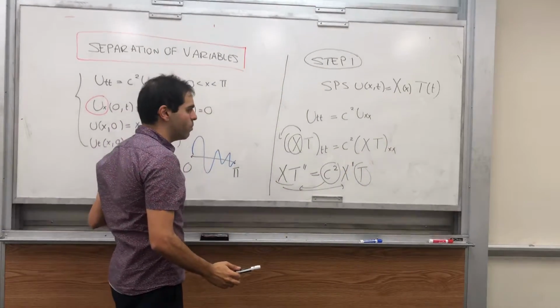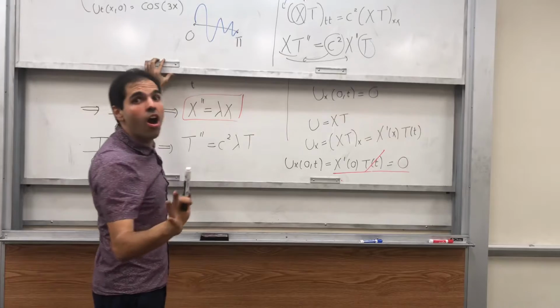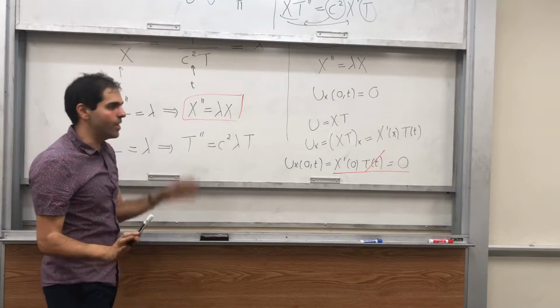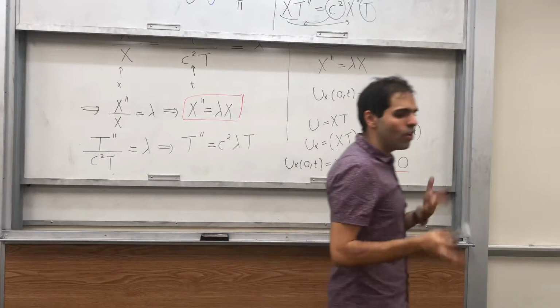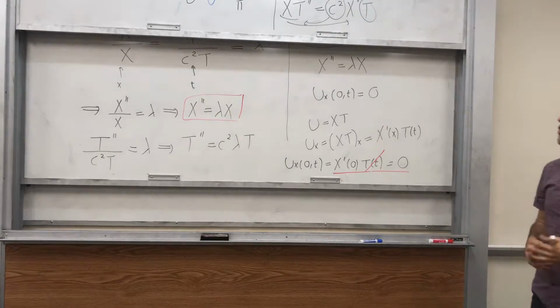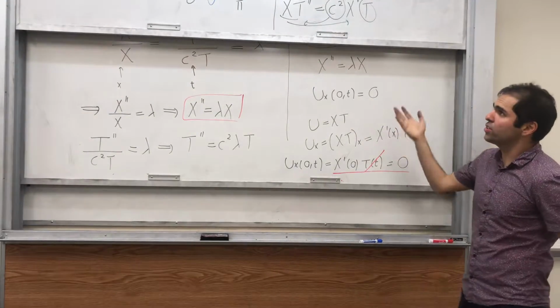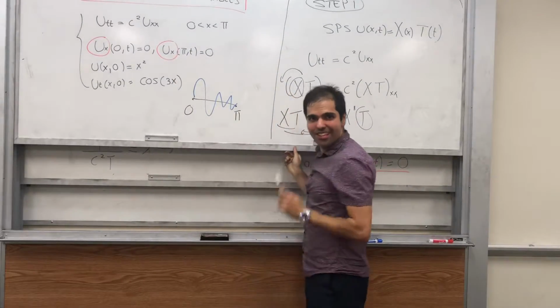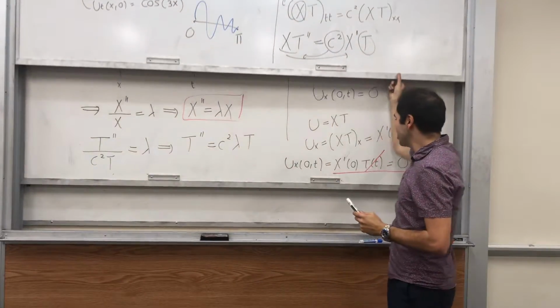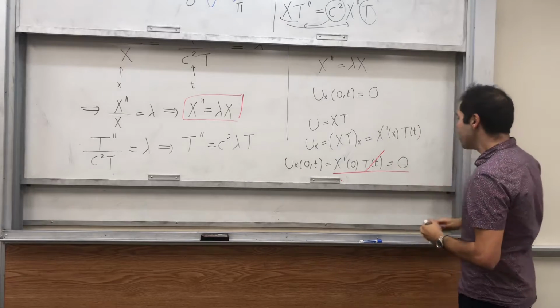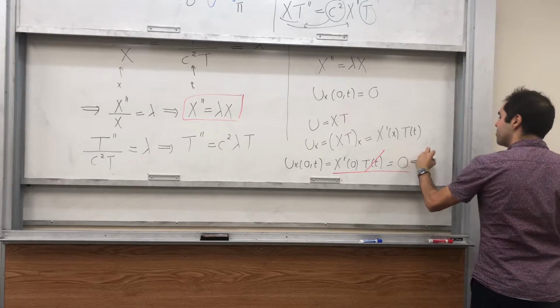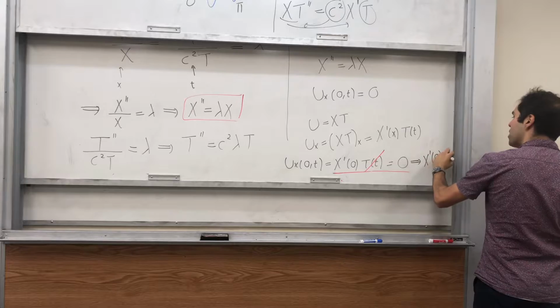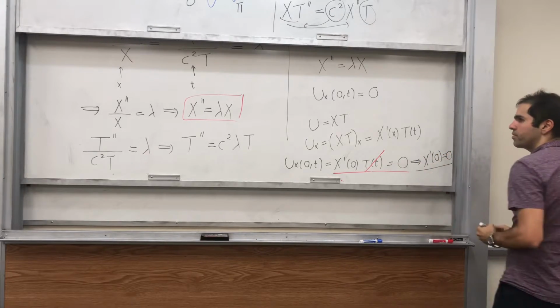And here's something important. We're looking for non-zero solutions of this equation, because, first of all, the 0 solution isn't very interesting, but also it doesn't satisfy our initial condition. So we would like to find a non-zero solution. Therefore, we can legitimately conclude that X prime of 0 equals 0.